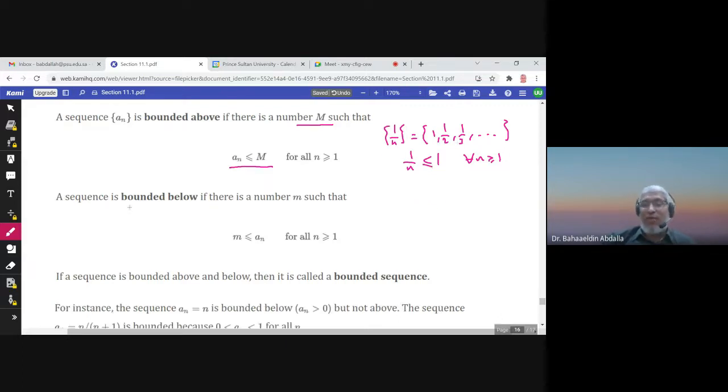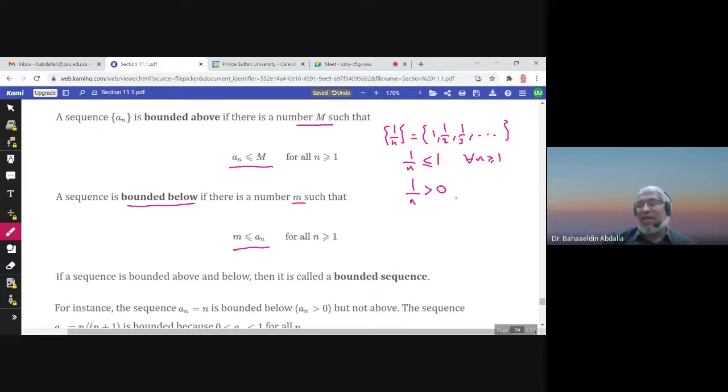A sequence is bounded below if there is a number small m that is smaller than all the elements of the sequence. For example, for the sequence 1 over n, the limit when n goes to infinity is 0. So in fact 1 over n is greater than 0, it's not even equal, though of course you can write equal, it's no problem.